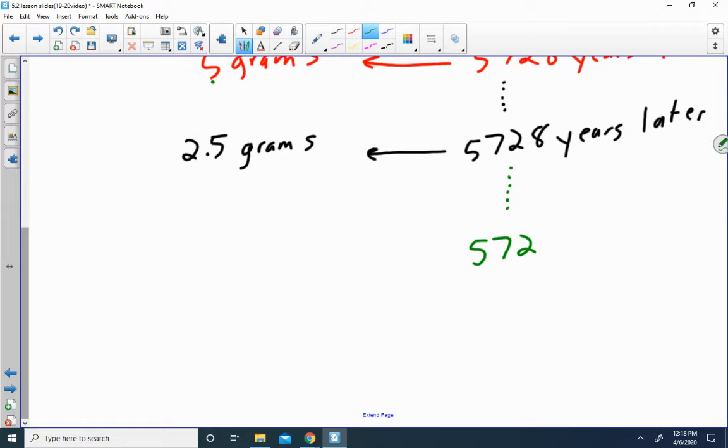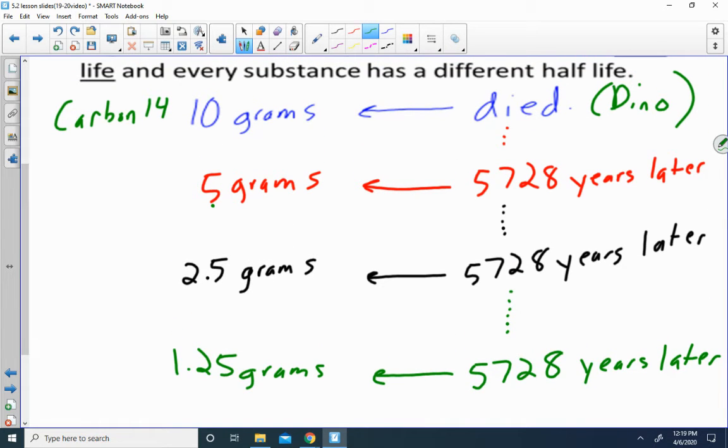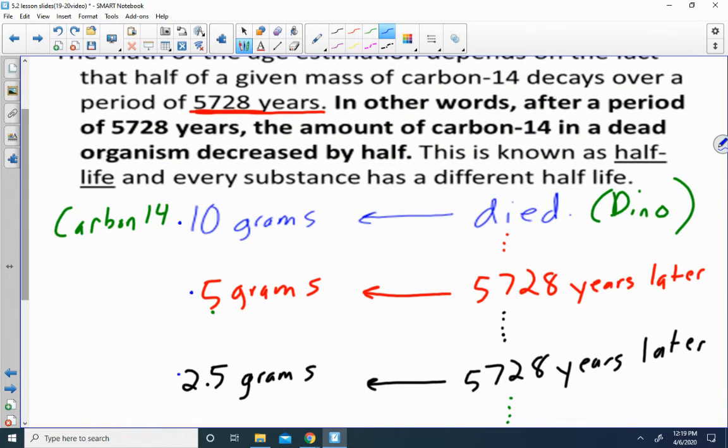Let's say we wait another 5,728 years. His carbon would decrease by half again, down to 1.25 grams. I think you guys are recognizing the pattern. It's basically being cut by half every time period. So that explains the half-life. And specifically for carbon-14, the half-life is 5,728 years.